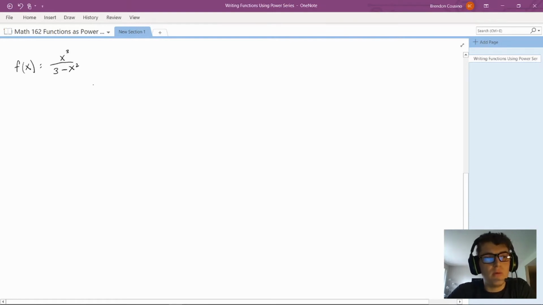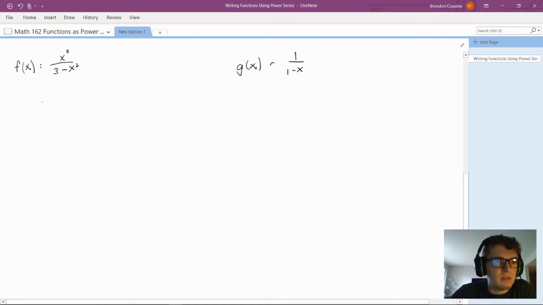So what we want to do is get it into the form of g of x equals 1 over 1 minus x, right? Because this was our geometric series that we know we can write as a power series. If we can get it to look similar to that, then we can insert our power series.